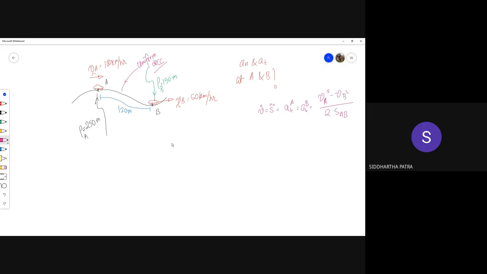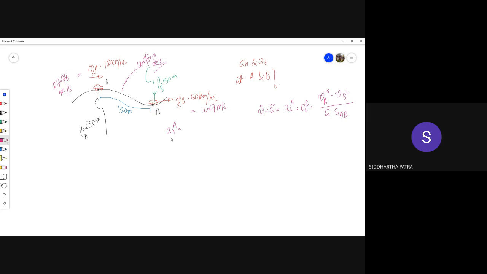The normal components of course can be determined from the respective velocities. Of course, you need to convert them into meter per second. So this one right here is 27.7 meter per second, and this one right here is how much? 16.67 meter per second.